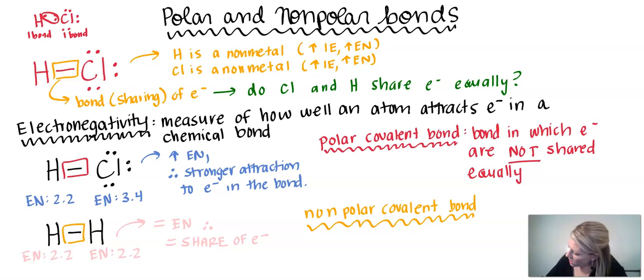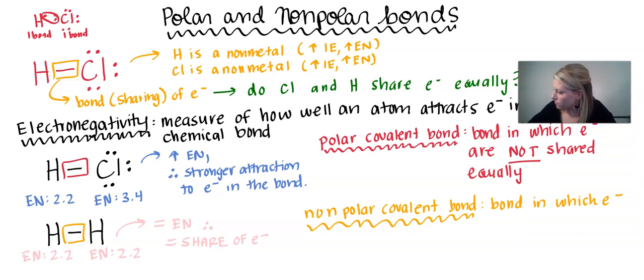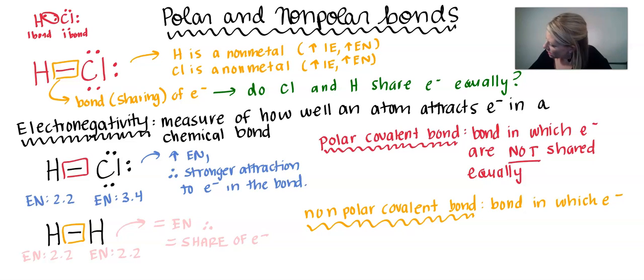And so this is going to be a bond in which electrons are shared equally. All right. So we have these two different types of bonds, and they really just measure whether or not electrons are shared equally just by comparing those electronegativity values.